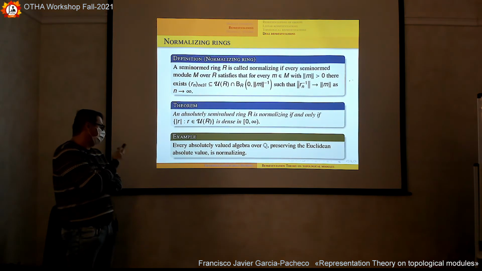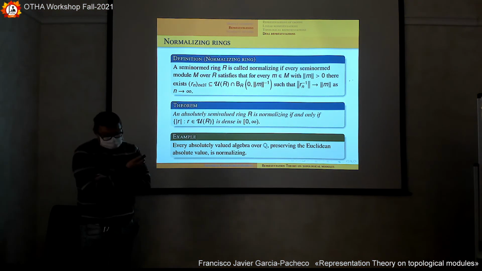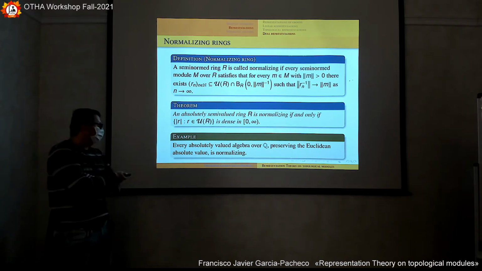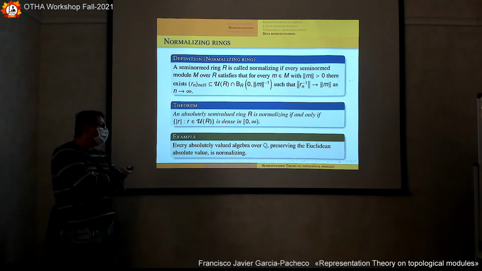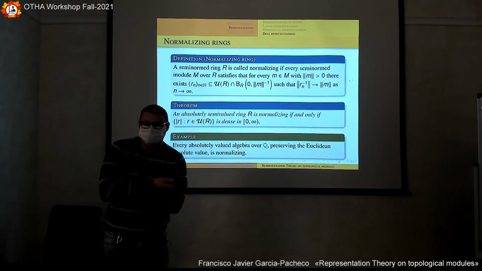So in particular, every absolutely valued algebra over Q preserving the Euclidean absolute value is normalizing. Here it's important that the absolute value of the algebra preserves the Euclidean absolute value of the rationals, because it doesn't work. You don't have this density if you endow the rationals, for example, with a p-adic absolute value.